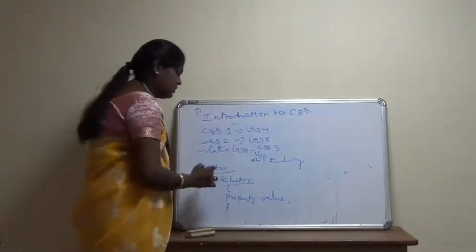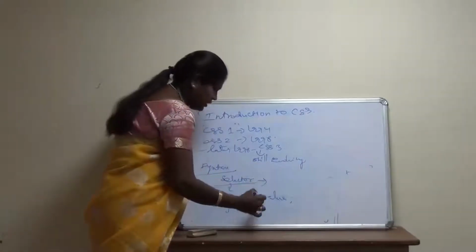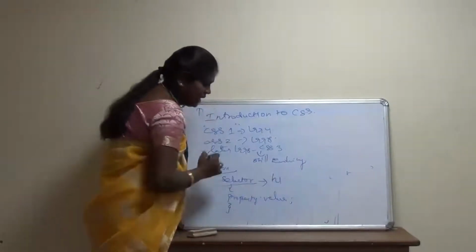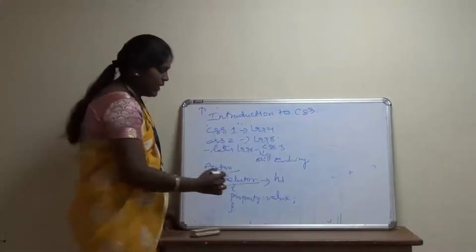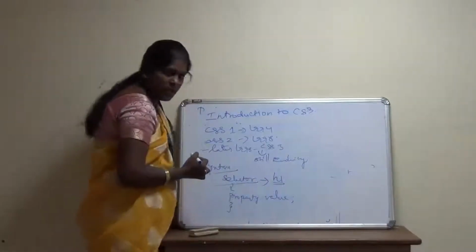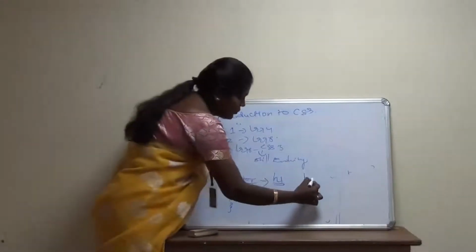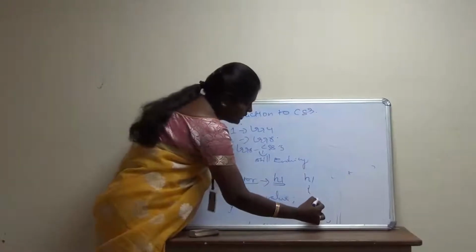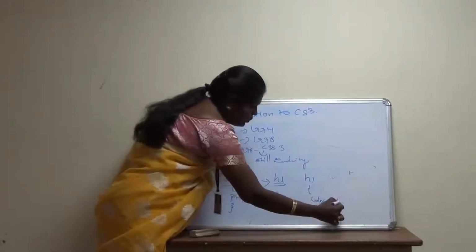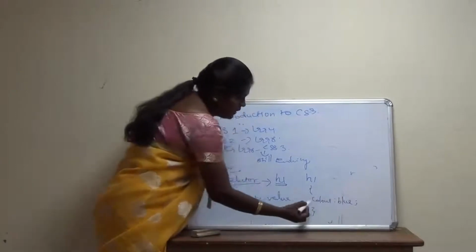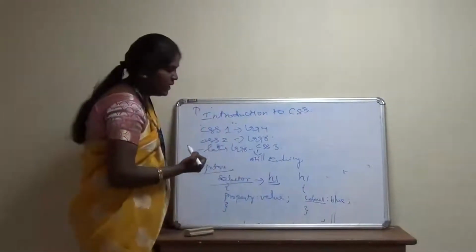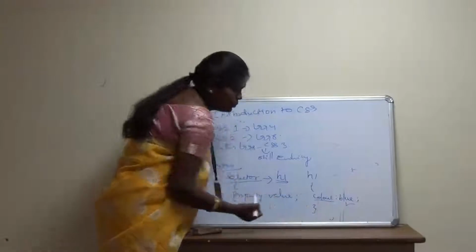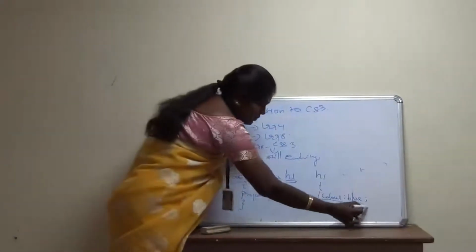What is a selector? A selector is the HTML tag to which we are going to apply the style. For example, H1 is my HTML element. I am going to apply a style to H1. The color of H1 is blue. So color is called the property, and the value is blue. This is called a declaration statement.